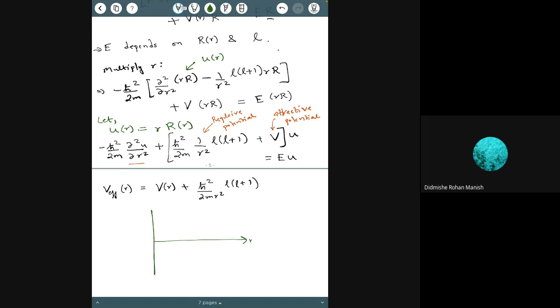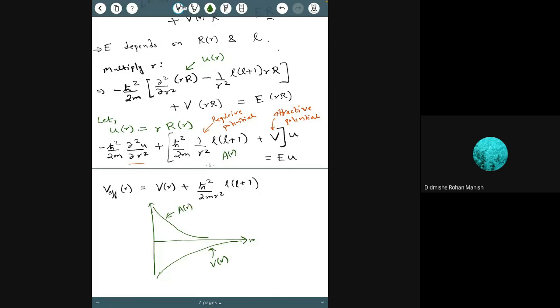So now I'm plotting V versus R. The attractive potential goes as 1 by R. It's a Coulomb potential, and it goes something like this. Then this repulsive potential goes as 1 by R squared, so it will drop off faster. So this is V of R, and this I can call A of R if you like.